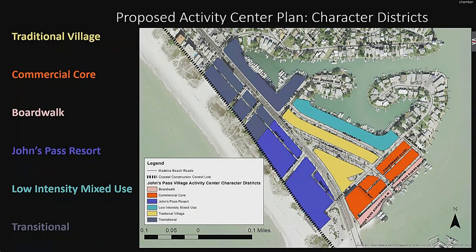That's why we created these 6 different character districts, as you can see on the screen. These 6 character districts will then turn into new zoning districts, and each zoning district will have its own standards: its own height, its own setbacks, things of that nature.